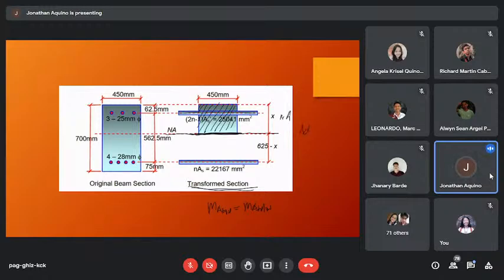A is the area and D is the distance from the centroid of the steel to the centroid of the transformed section.